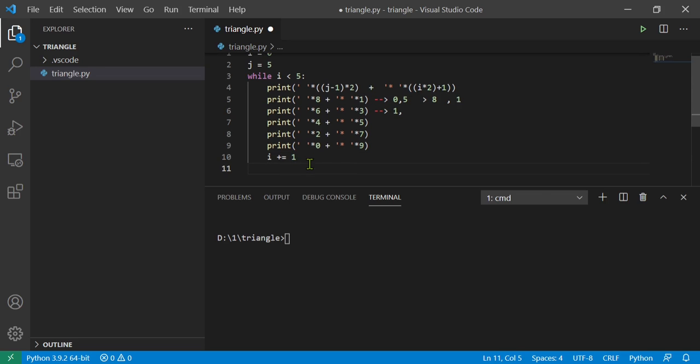and here we need to decrease the j value by 1.